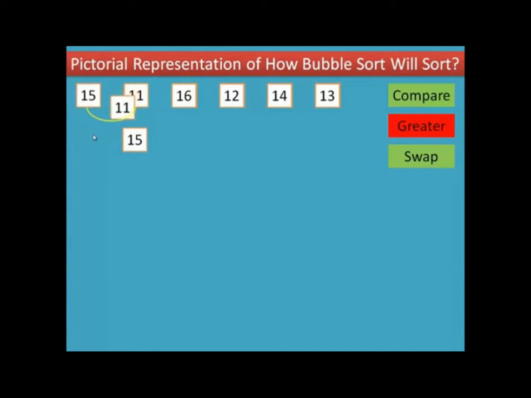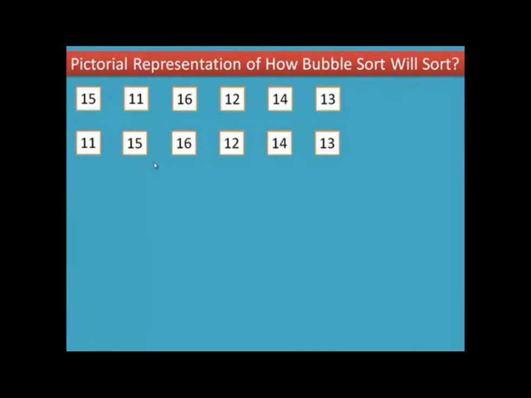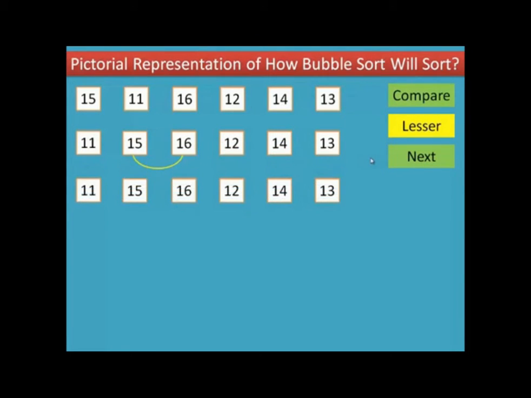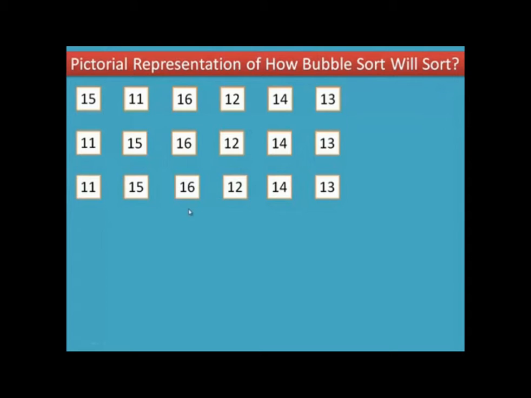After swapping, we bring down the rest of the numbers. Now we compare the next two numbers, 15 and 16. 15 is less than 16, so no swapping here. Next, comparing 16 and 12. 16 is greater than 12, so we swap these two numbers. Now another list is formed.